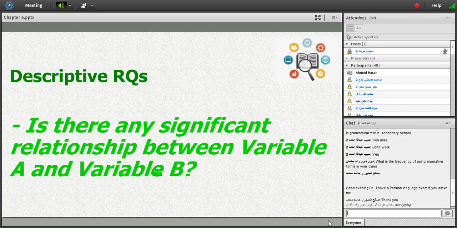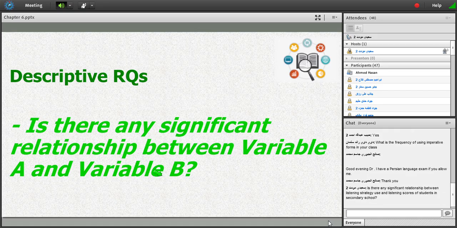I write another example in the chat box. Look, is there any significant relationship, for example, between listening strategy use and listening scores, okay, of students in secondary school?